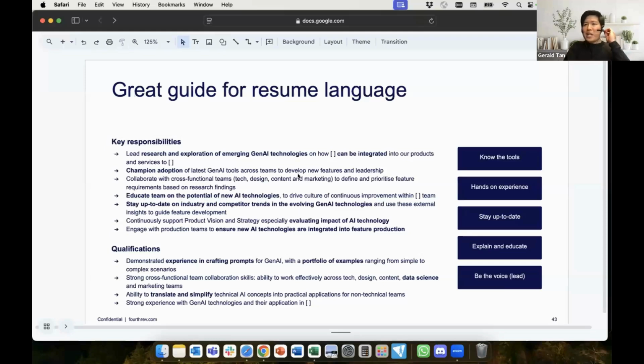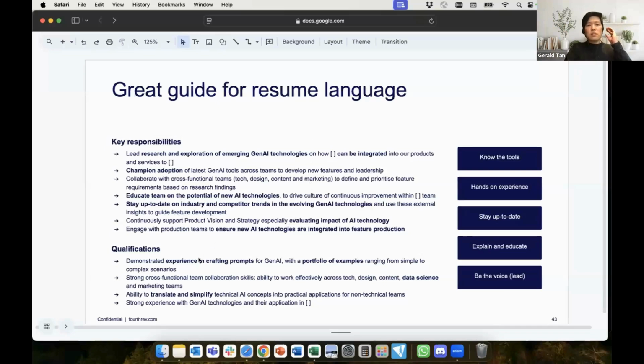By the way, I didn't write any of these here. I compiled it from different job specs. And then, of course, this with your team, evaluating impact of AI technology. And all of this is actually key responsibilities that you can actually do over time. But you, again, baby steps today, right?